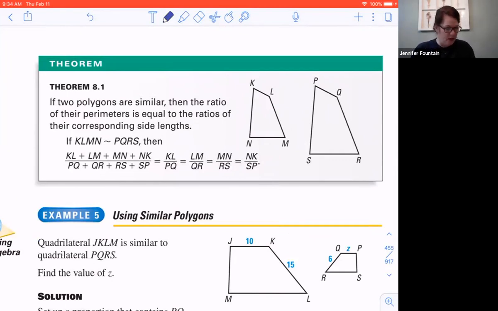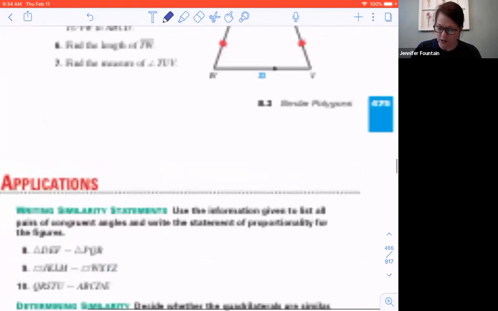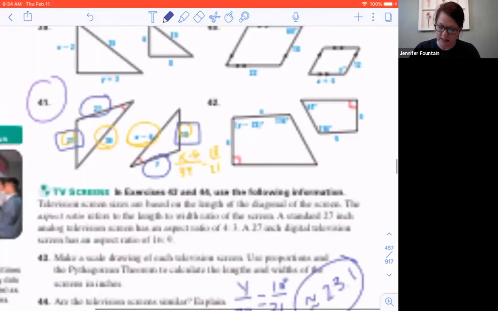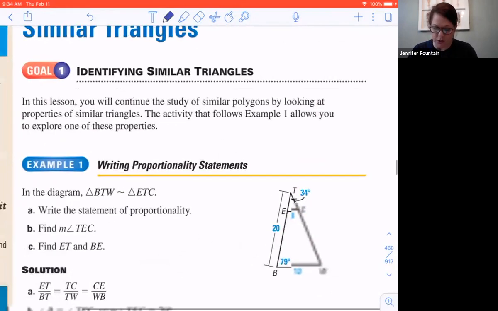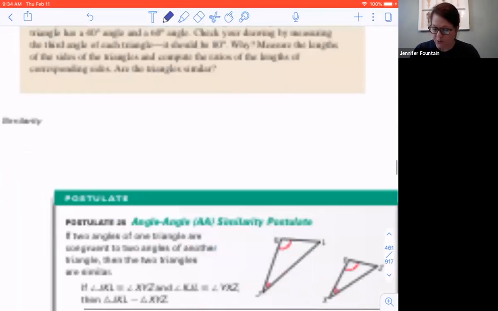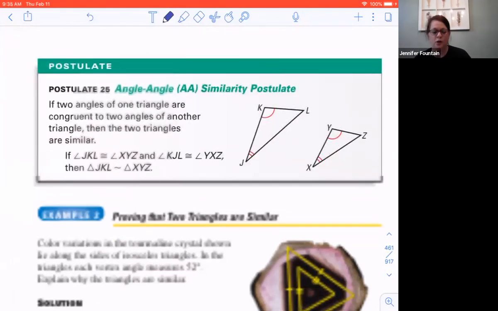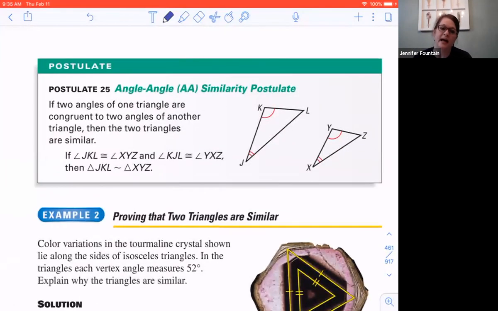Now let's go to 8.4 on pages 480 and 481. This is where we started looking at similar triangles. With similar triangles, we learned that there are different ways to prove that triangles are similar. The first was angle-angle. If I have two angles that are congruent, then my triangles are similar. We also talked in this chapter about how I can use my scale factors, my angles, things like that.